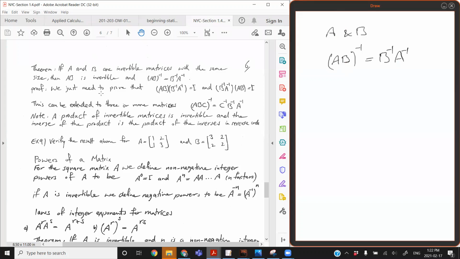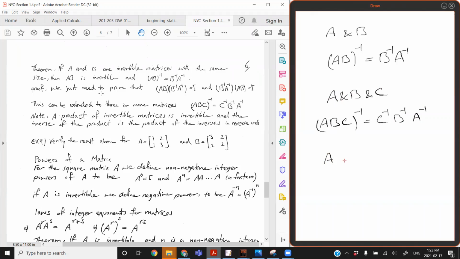And you can actually extend this into three matrices. If you have three matrices A, B, and C, and all of them are invertible, in other words, if A inverse, B inverse, C inverse all exist, then the product ABC is also going to be invertible, and the inverse is going to be C inverse times B inverse times A inverse. Same is true for four matrices.